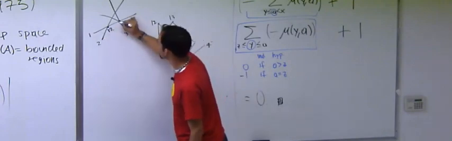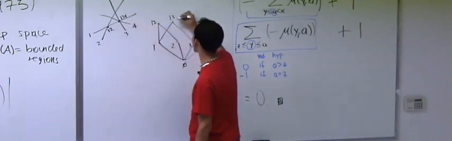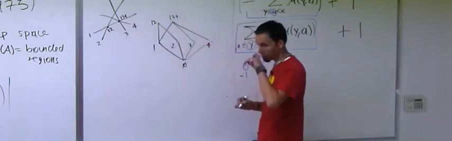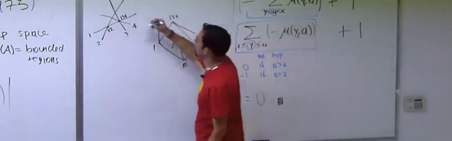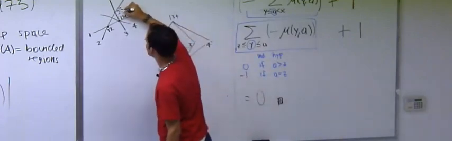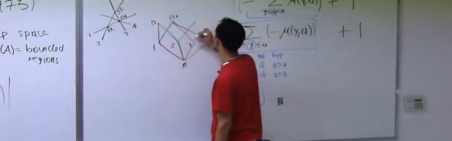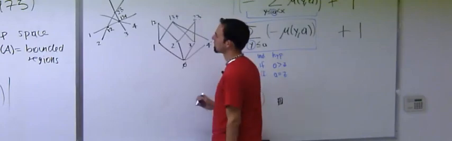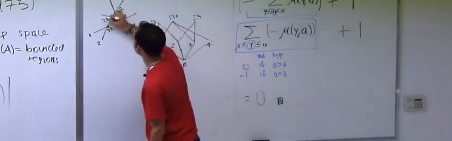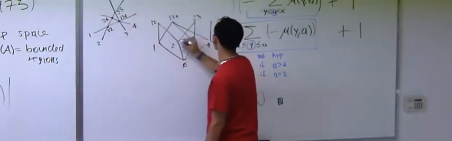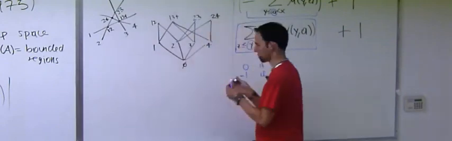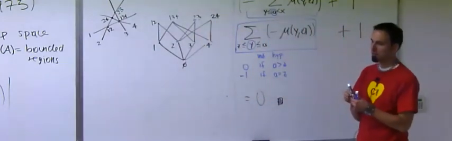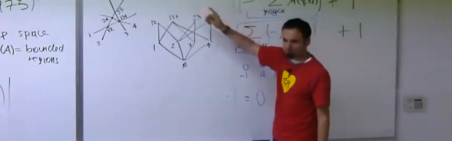This is 1, 2. This is 1, 3, 4. So 1, 3, 4 really goes like this. And the one that I said was 1, 3 is actually 2, 3. This one is 2, 4. And you see what happens. It doesn't have a top.